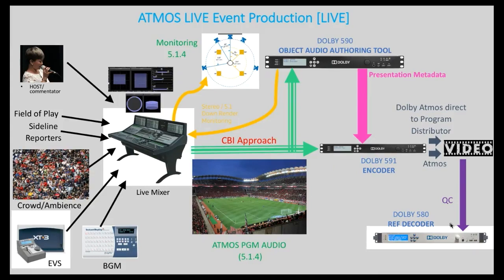Ultimately, that would go to an Atmos encoder and then get transmitted back to the broadcast operations center. Those items, the 591, 580, could actually all be in the broadcast operations center.